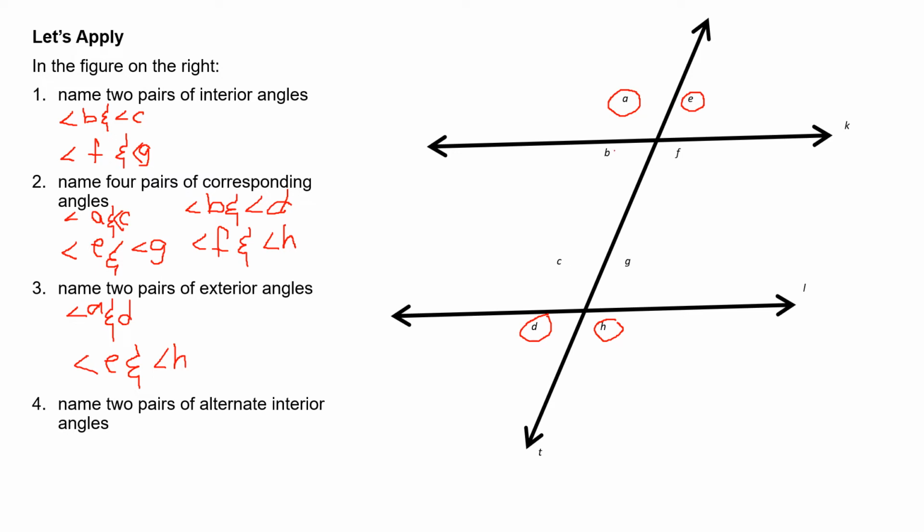We have here angle B, and the opposite of angle B is we have angle G, because we're going to name pairs of alternate interior angle B and angle G. And then the next pair is we have angle F, and the opposite of angle F is we have angle C. So we have angle F and then angle C. So these are the two pairs of alternate interior angles.